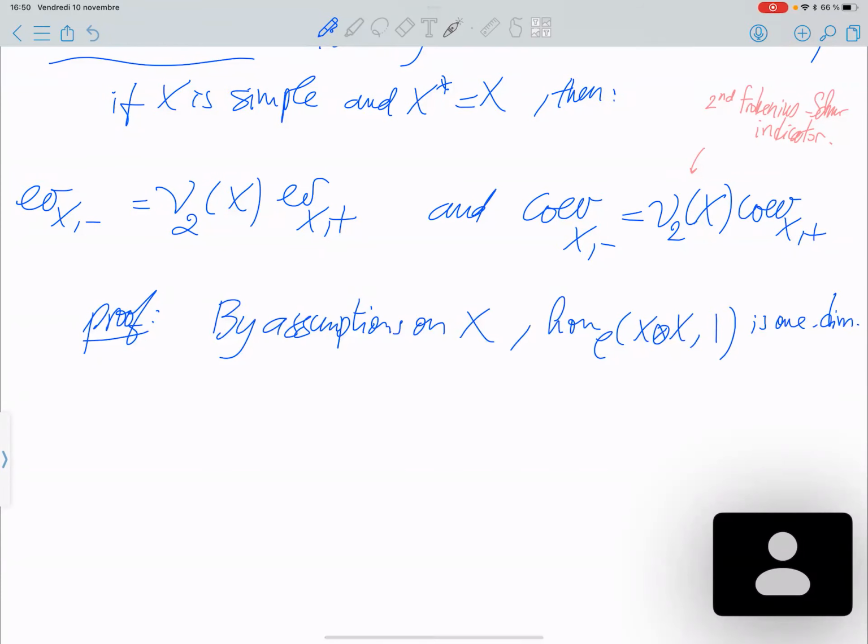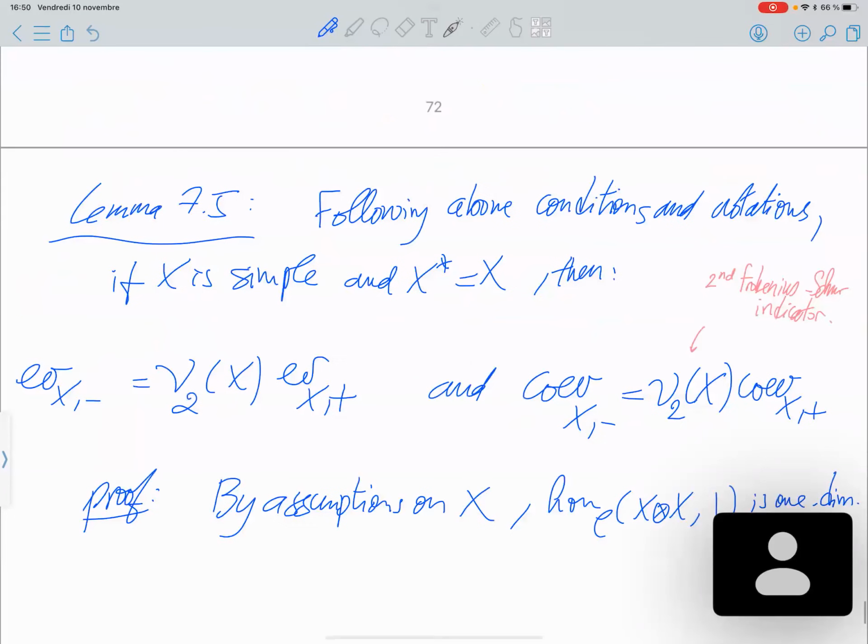In fact, maybe it will be enough to just say this as an assumption here. It's more general a priori than that. But maybe we need the simplicity also, I'm not sure, because we will need lemma 2.16.